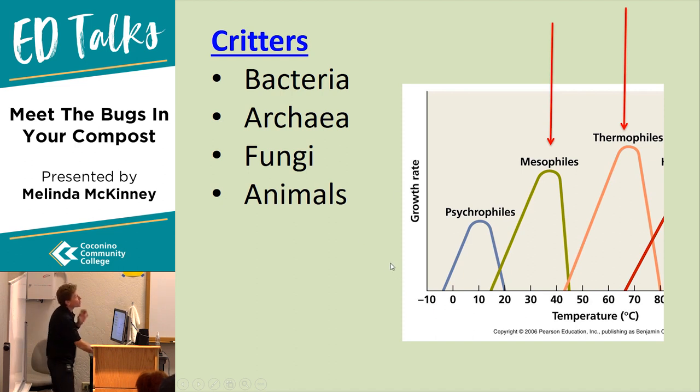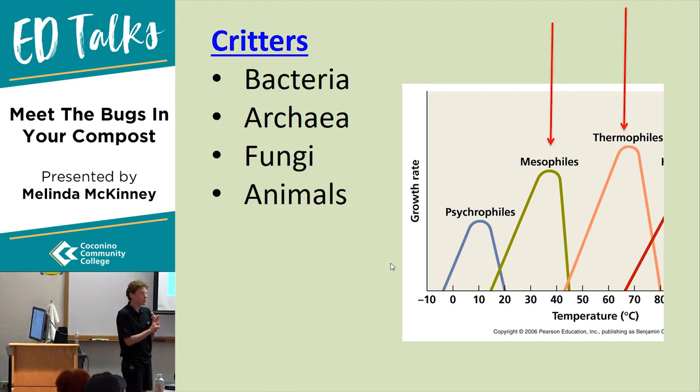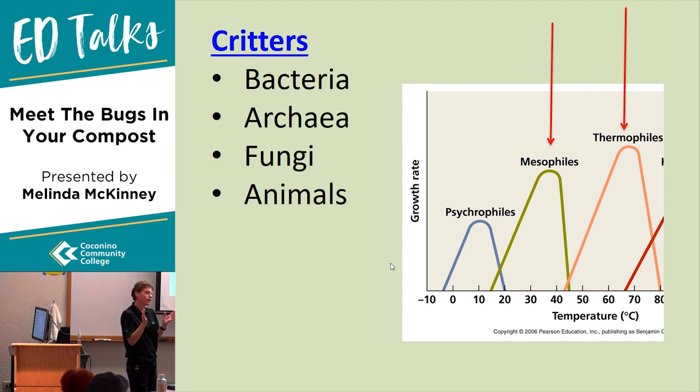Okay. And then the critters. So this is really my favorite part, looking at what's in there. So there's bacteria and archaea, which are single-celled organisms. There's fungi, which can be single-celled, like yeast, like in baker's yeast, but also mushrooms. Right? And then there's animals. And 95% of the animals on the planet are arthropods, and most of those are insects.